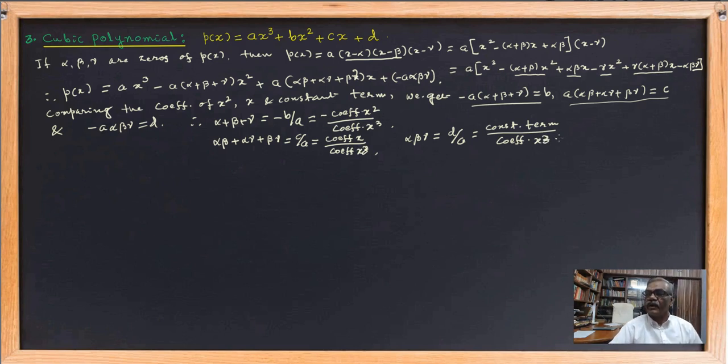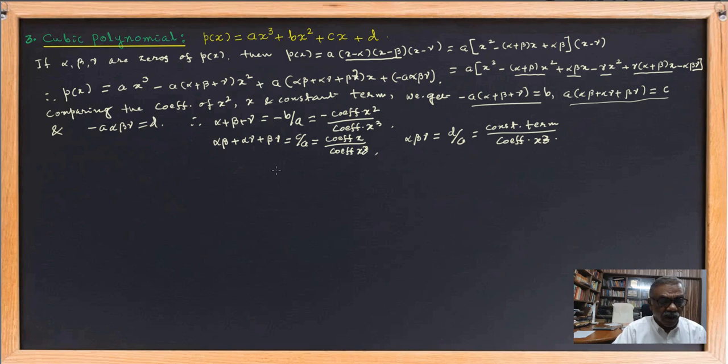In this fashion, we can establish a relation between the zeros and coefficients of a polynomial p(x) is equal to ax cube plus bx square plus cx plus d.